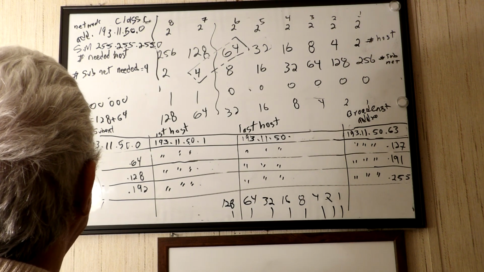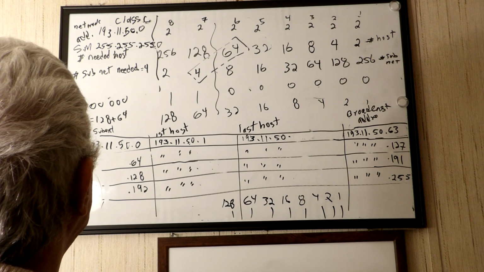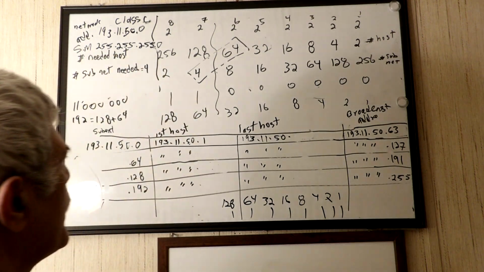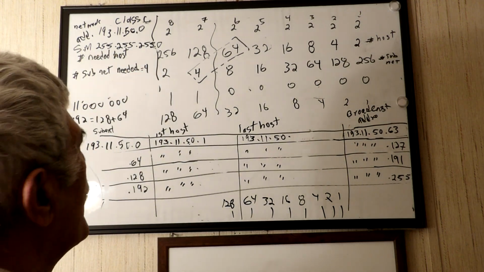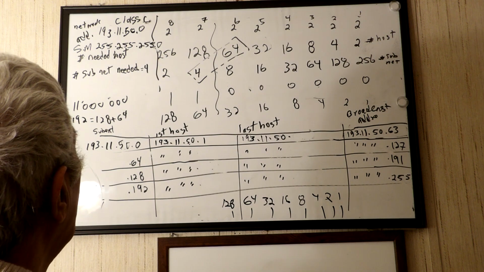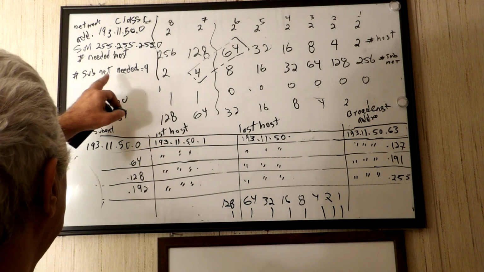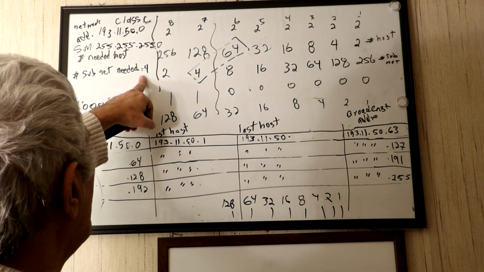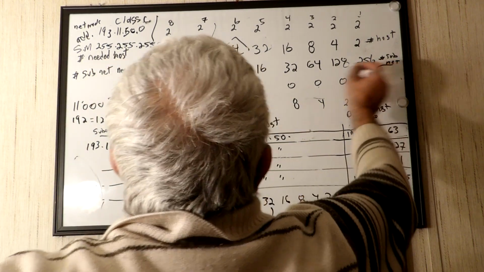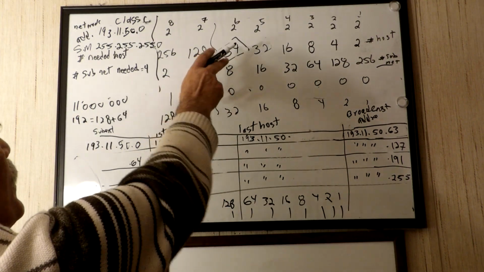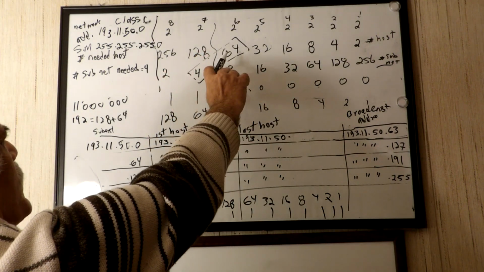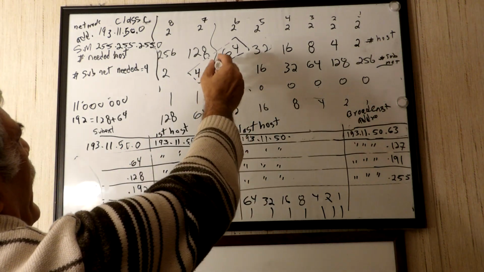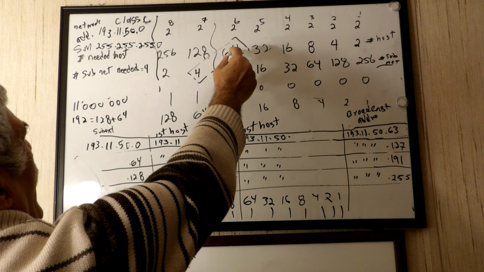Now, the president of a company wants you to make subnets. We are going to talk about it in detail. If the company says, we need 4 subnets, this is the subnet side, and you go to the opposite side, and the number on the top of that is 64.